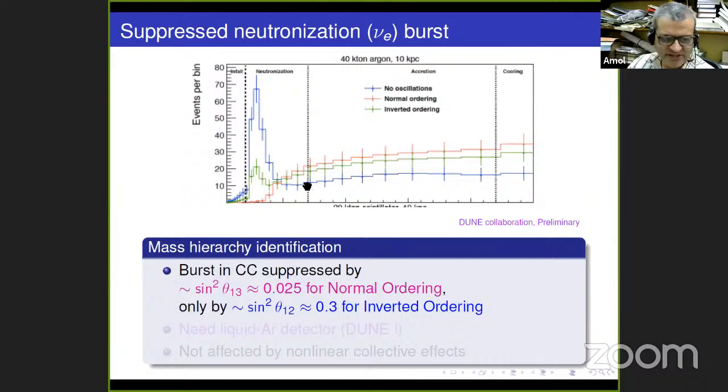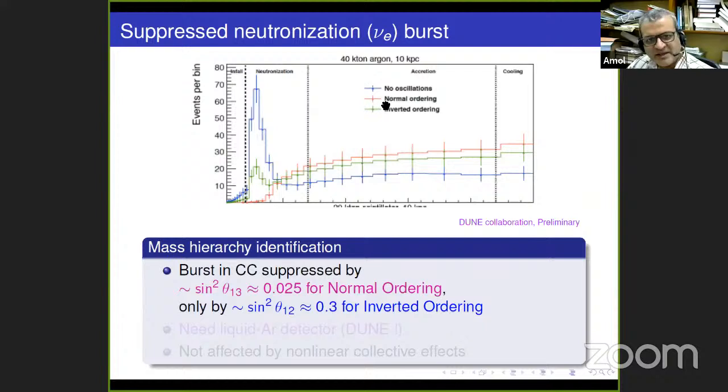But of course, we never see this because we know oscillations exist. What we do not know is the ordering. If the ordering is normal, then out of this flux, only 2.5% of neutrinos stay. So what is seen here is the red line. Basically, you will see almost no neutrinos here.